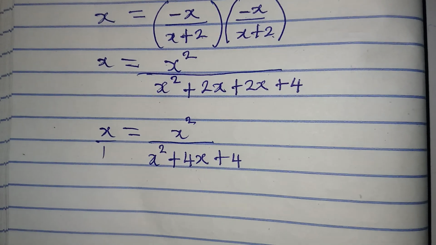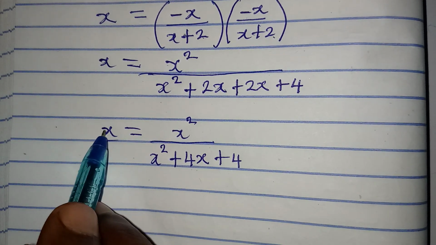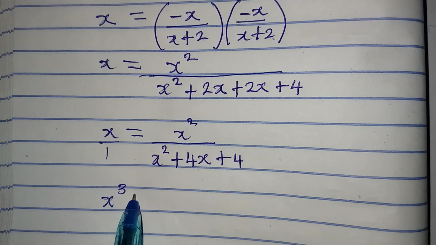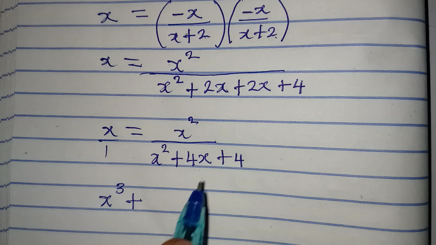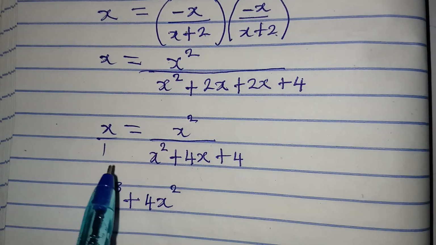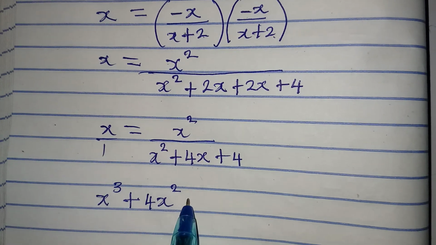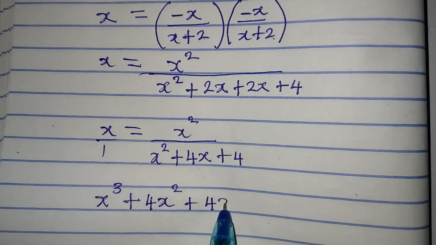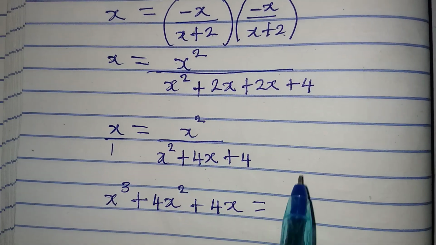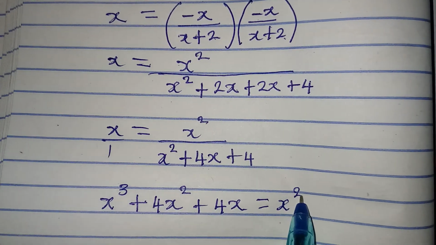Remember, this is over 1. So it will be x times x squared. We have x cubed plus x times 4x. We have 4x squared. Then x times 4, we have 4x. This will be equal to x squared times 1, which will give us x squared.